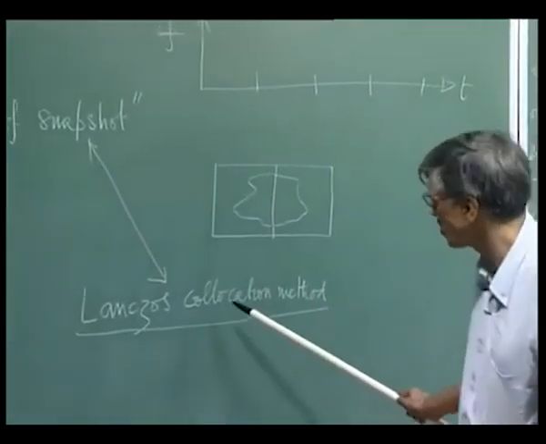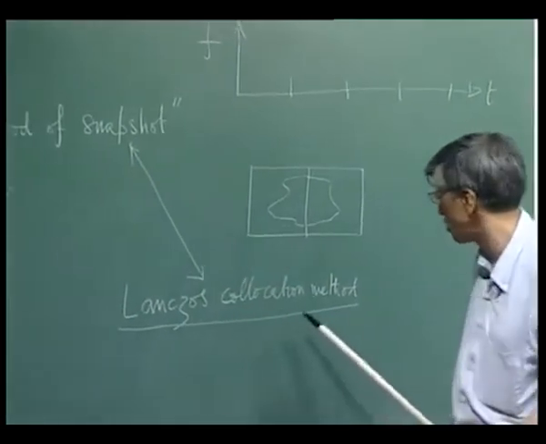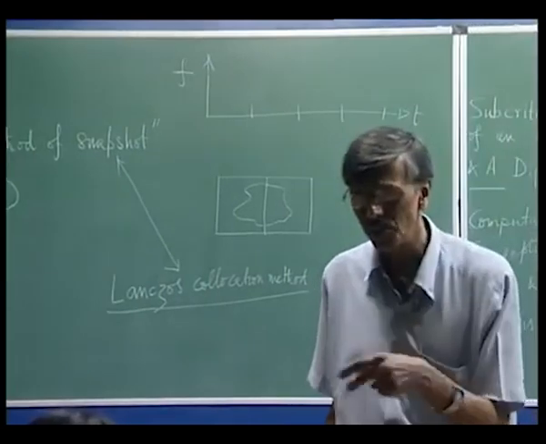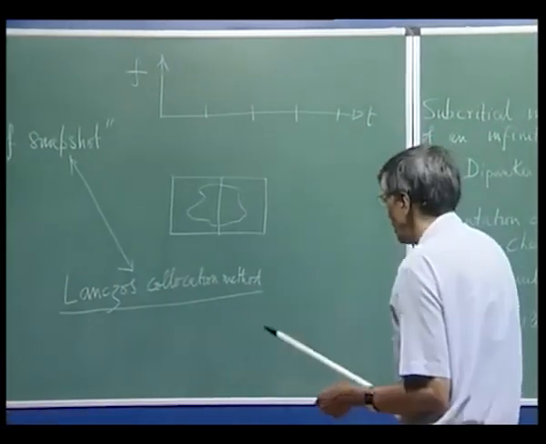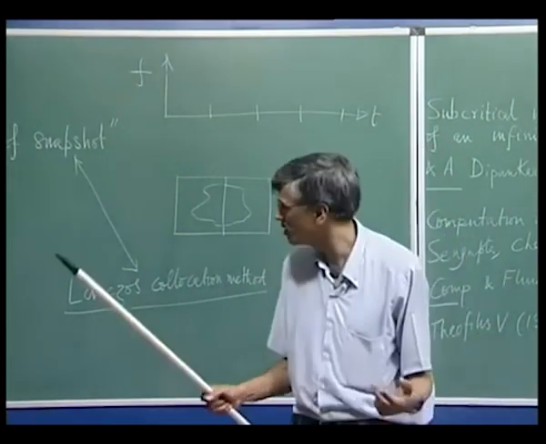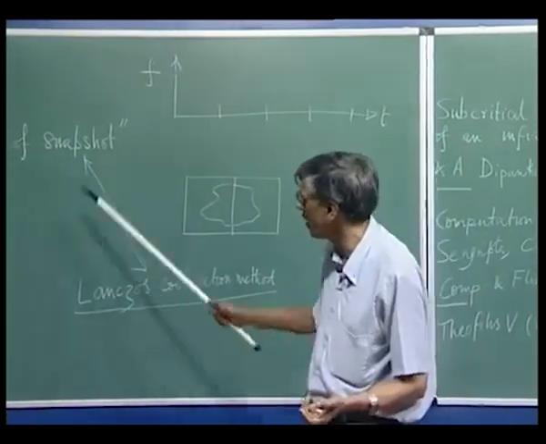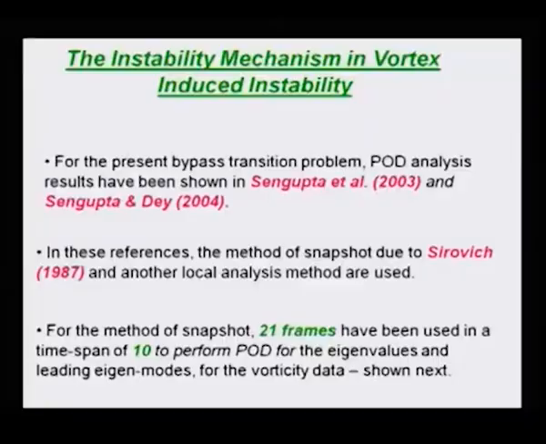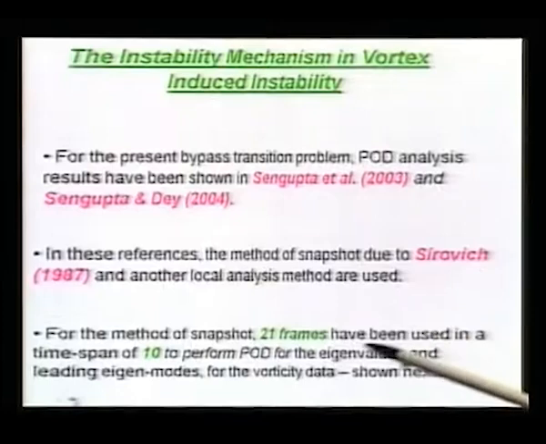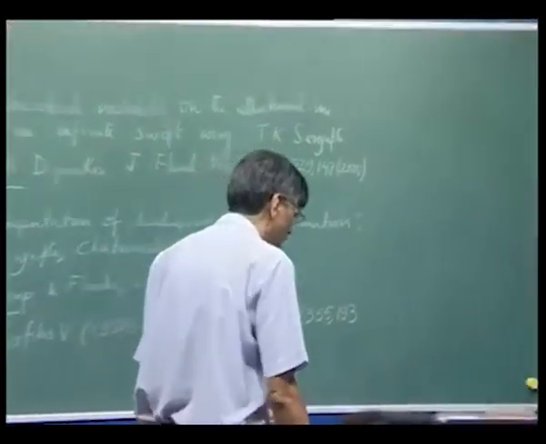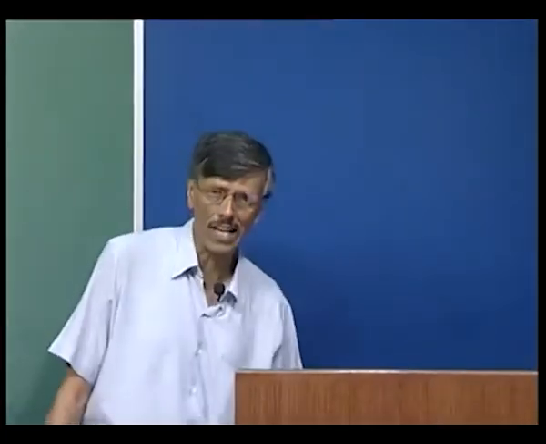While this SVD or Lang's collocation method gets you the spatial eigenvalues, and those require handling very large matrices, the method of snapshots basically takes temporal series, right. We are talking about 21 frames in the time frame of 10, and then performing the proper orthogonal decomposition technique. And once you do that, you can get the eigenvalues.